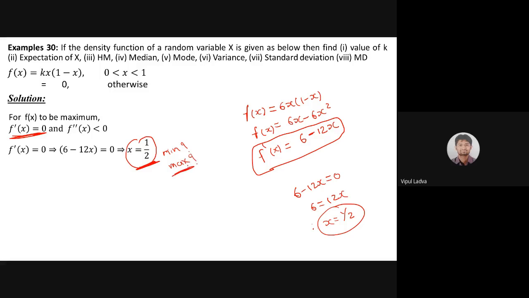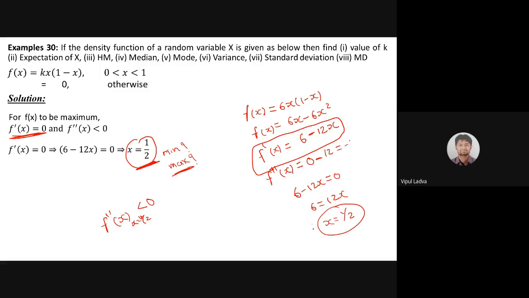Now when can we say that this point is maximum? When we take the condition f double dash x at that particular point x equals half, the second derivative should be negative. So let's identify the second derivative of this function, f double dash x. Using this, the derivative of 6 will be 0, minus the derivative of 12x, which is 12.